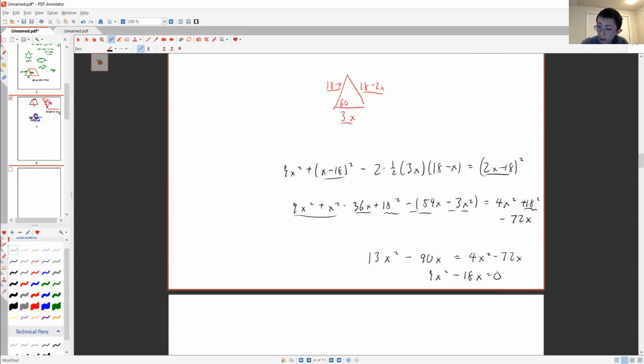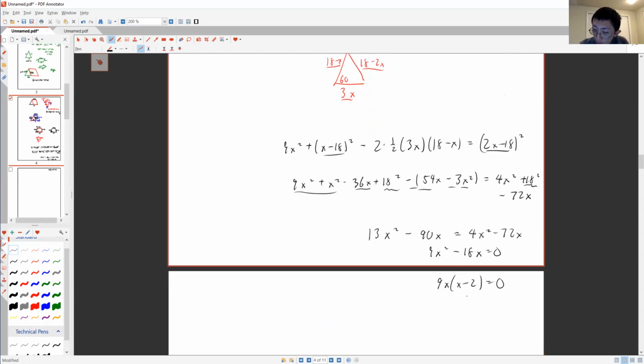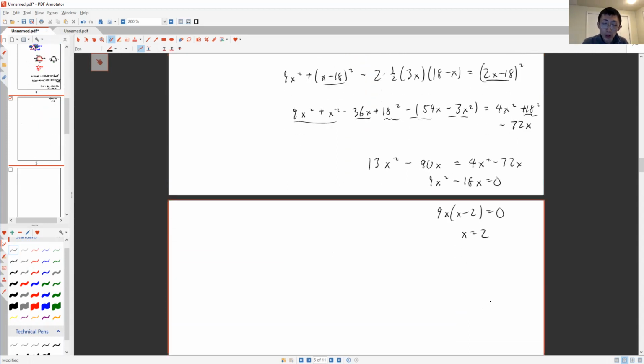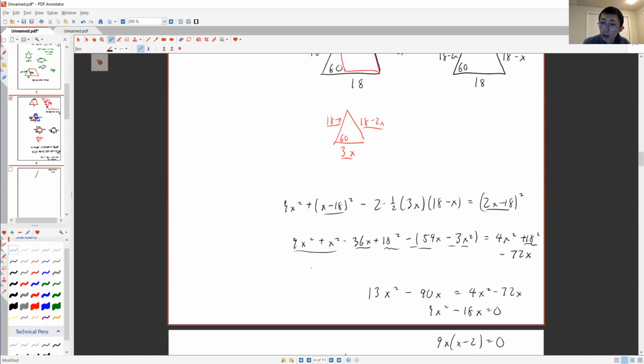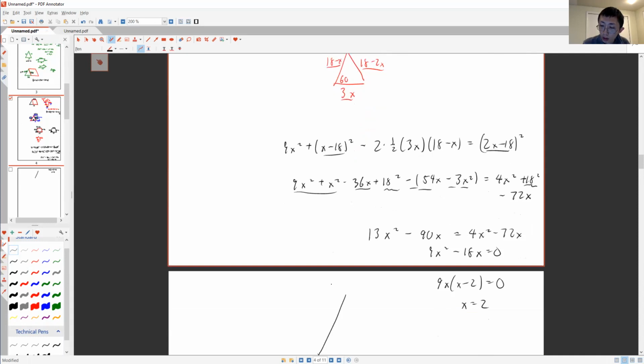So it looks like we get either x is 2 or x is 0, right? We already found the x is 0 case from earlier. So the only new solution is x is 2. If we want to do a sanity check, we might consider, what was our triangle again?